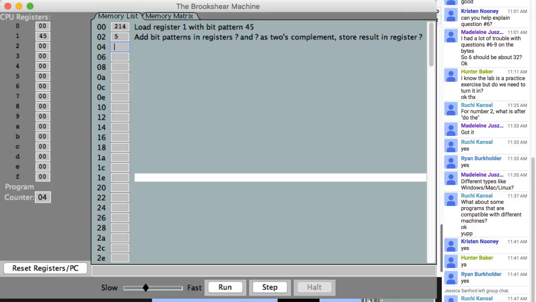Number 3 means save a bit pattern from a register out to memory. Okay, I don't even know what some of these are. The hexadecimal ones exist. Not that, so rotate the bit pattern to the right, and all kinds of weird stuff. The point is that the way the computer knows how to interpret these 4 hexadecimal digits as an instruction is it interprets the first hexadecimal digit as an operation, as a thing to do, okay? And then the rest of it depends.